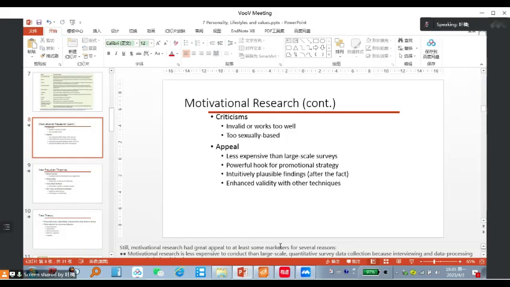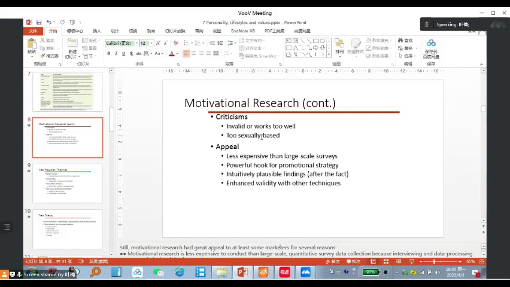Previous research shows inconsistent or mixed results using motivational research. For example, it is invalid or works too well.